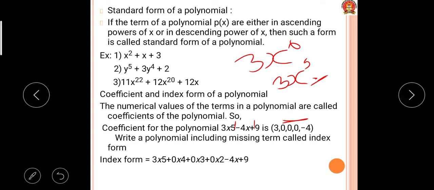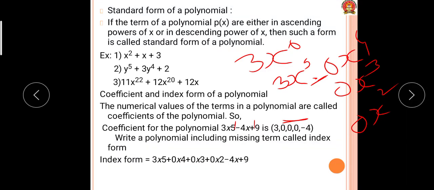What is the next term? Maybe the next term is 0x to the power 4, then 0x to the power 3, then 0x to the power 2, and then minus 4x plus 9.